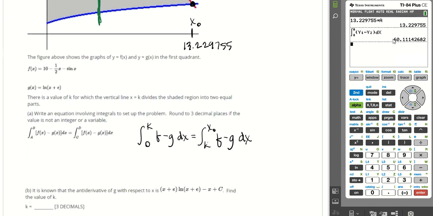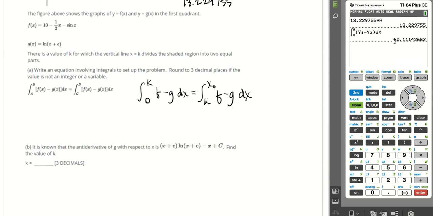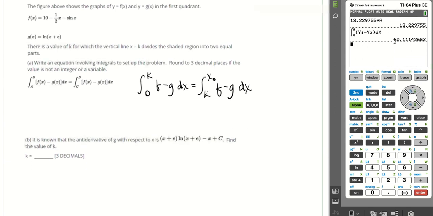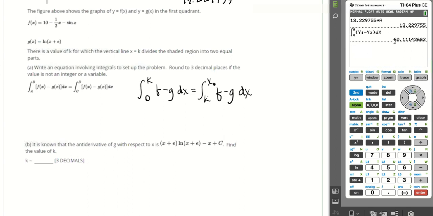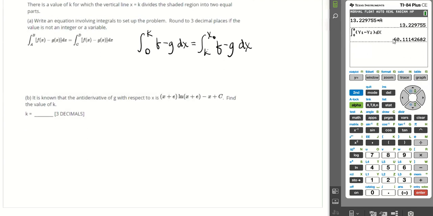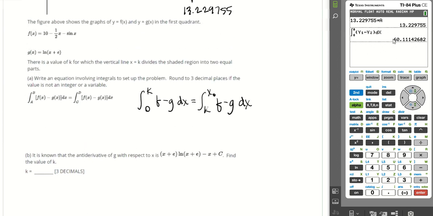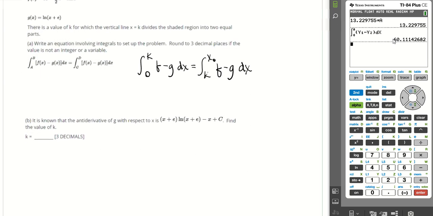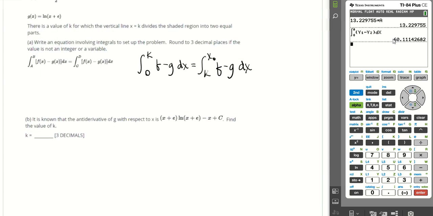And then, let's see, there's another part of this, right? It is known that the antiderivative of g with respect to x is that. I remember this one being very tricky for the people last year. I'm just going to call the antiderivative a of x.